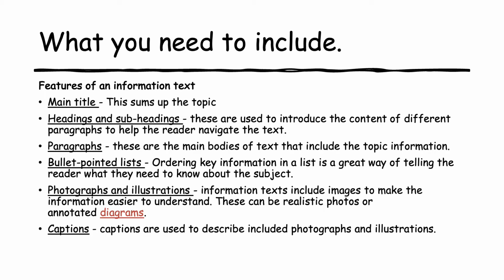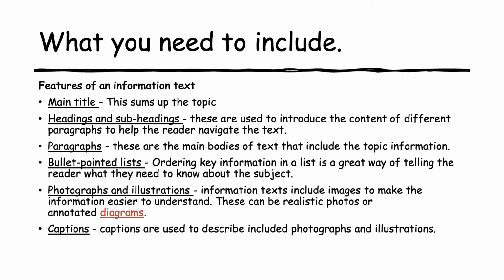I have given you a bit of a crib sheet, some ideas what you need to include as we move on. So the features of an information text, you need your main title. And this sums up the topic. Now that is what your title is on the first page. You need headings and subheadings.